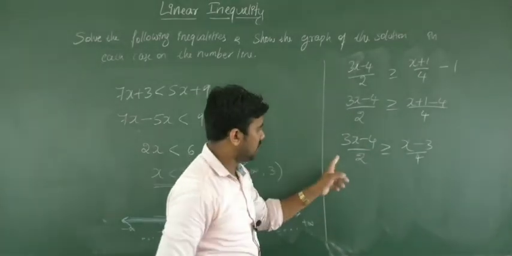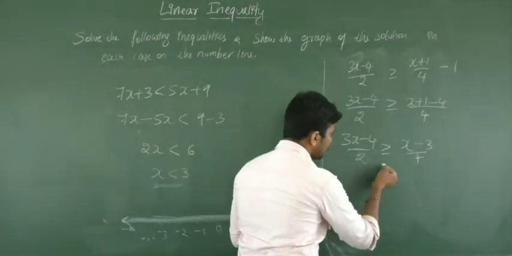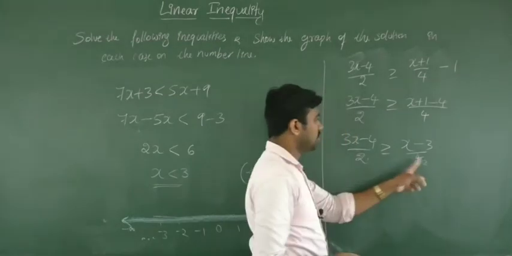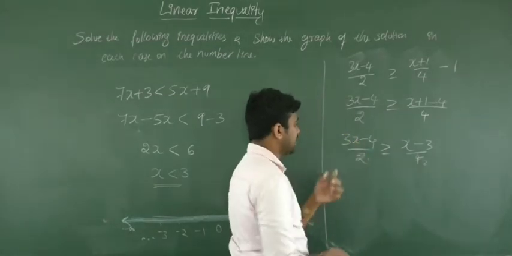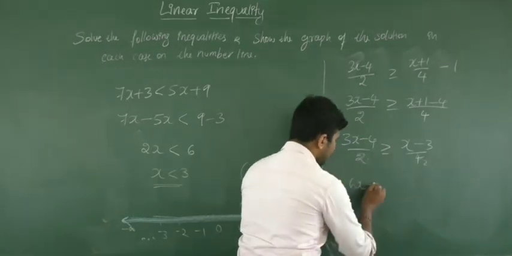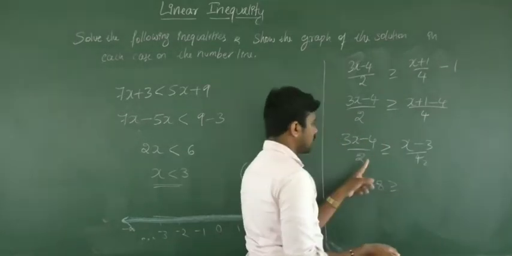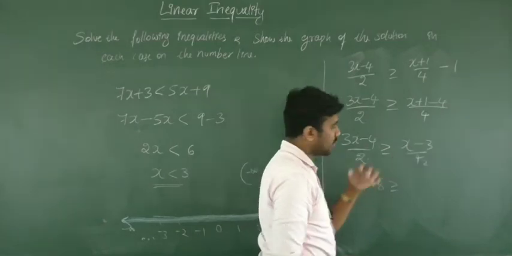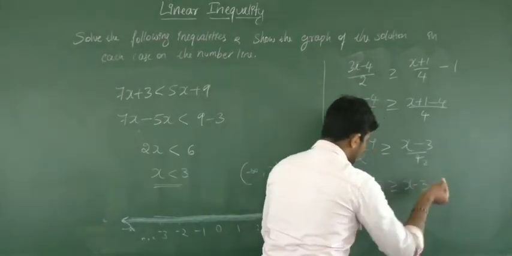Now cross multiply it. If you cross multiply, 2 into 3x, that is 6x, 2 into minus 4, minus 8, greater than or equal to 1 into x minus 3, that is x minus 3.